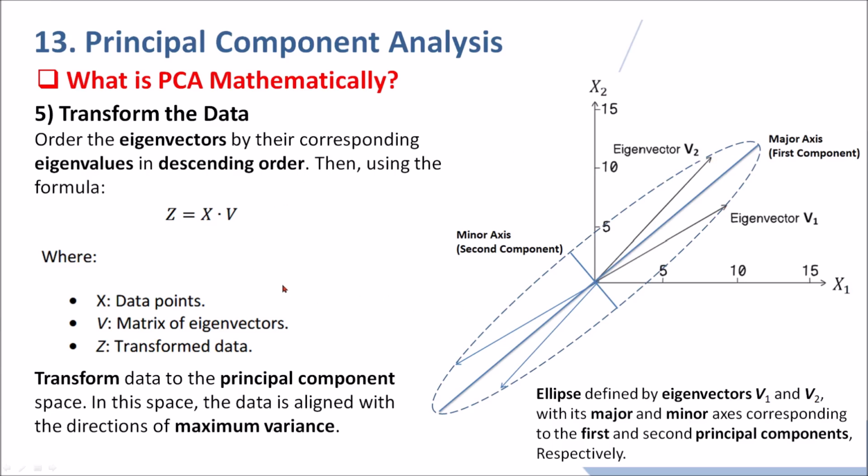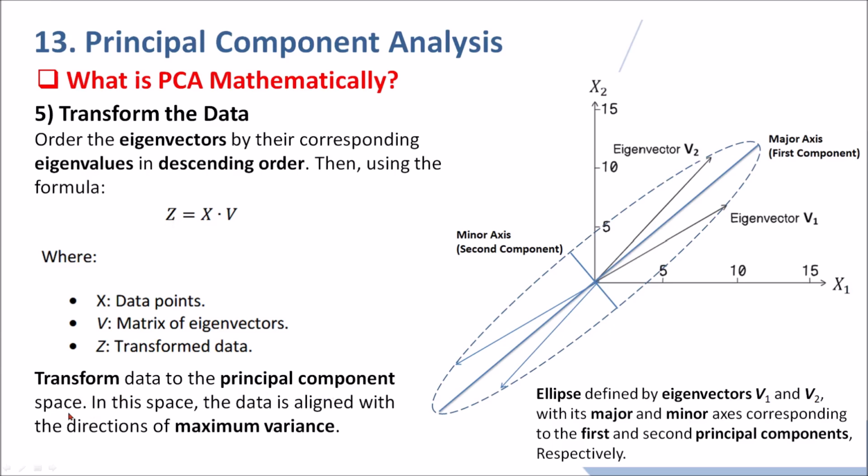Then we have the features, feature 1 and feature 2, which represent the feature matrix, and this is the matrix of the eigenvectors, eigenvector 1 and eigenvector 2, and then this is the transformed data. We just calculate the dot product of the features with the eigenvectors. This operation gives us the transformed data. This is the result of the principal component analysis.